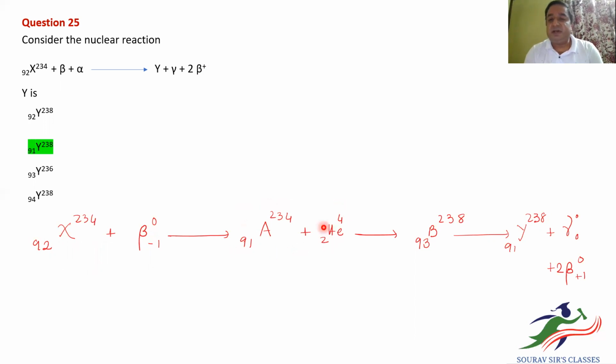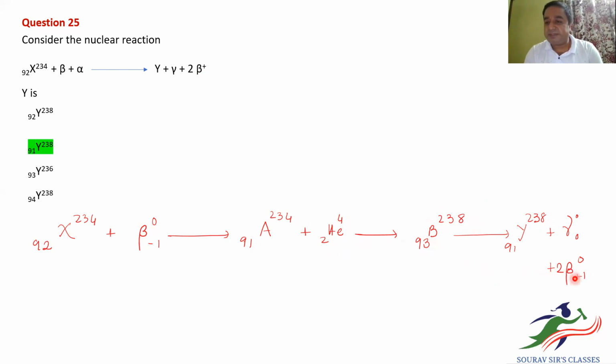Now this further undergoes addition with the helium particle, which has 4 units of mass number and 2 units of atomic number. So we simply add 91 with 2 to give 93, and the mass number will be 238. Now this undergoes positron emission.